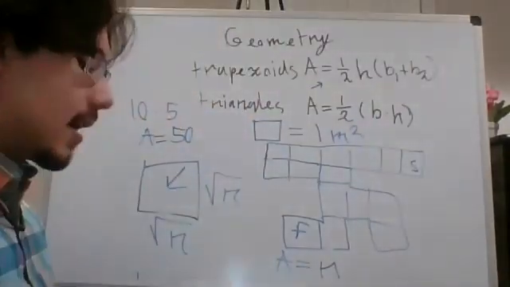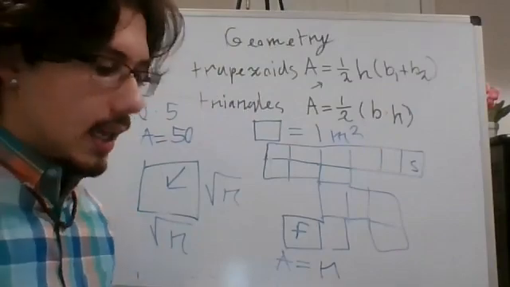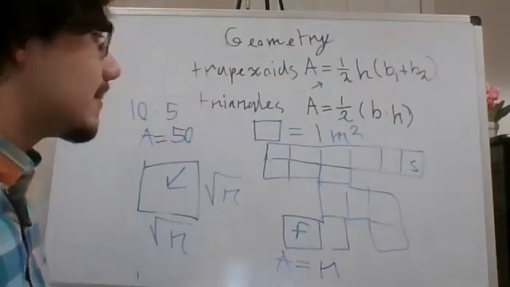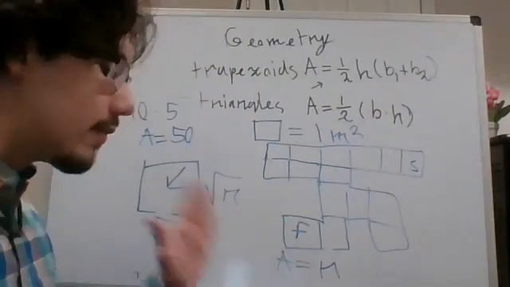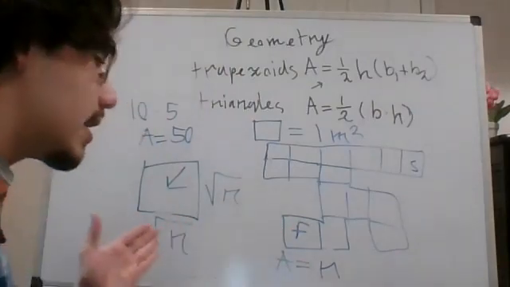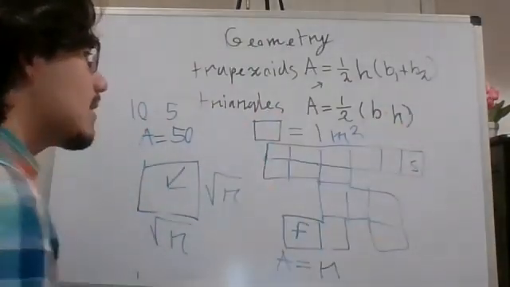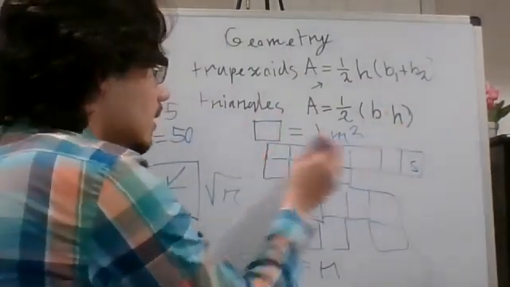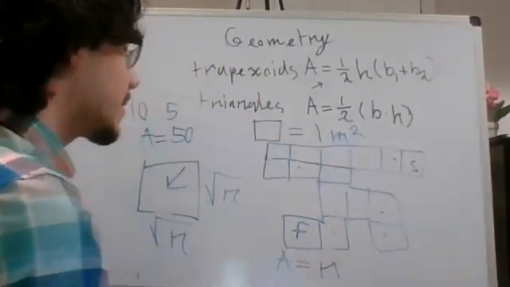You can make an example out of this with any of your household materials. And what you can think of is, in order to make this shape, whoever designed it, the engineer or whoever, if they had to make this maze, they had to count up the area of the whole maze.